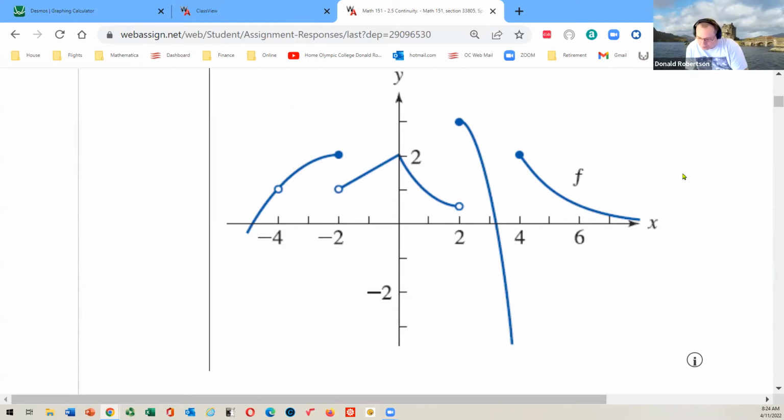Are you comfortable with those terms and you know what they look like? Now, lastly, could you look at that graph and say it's left continuous at x equals 2, or it's right continuous at x equals 2, or that it's neither of them at x equals 2? So you're comfortable about what a left continuous and a right continuous looks like.